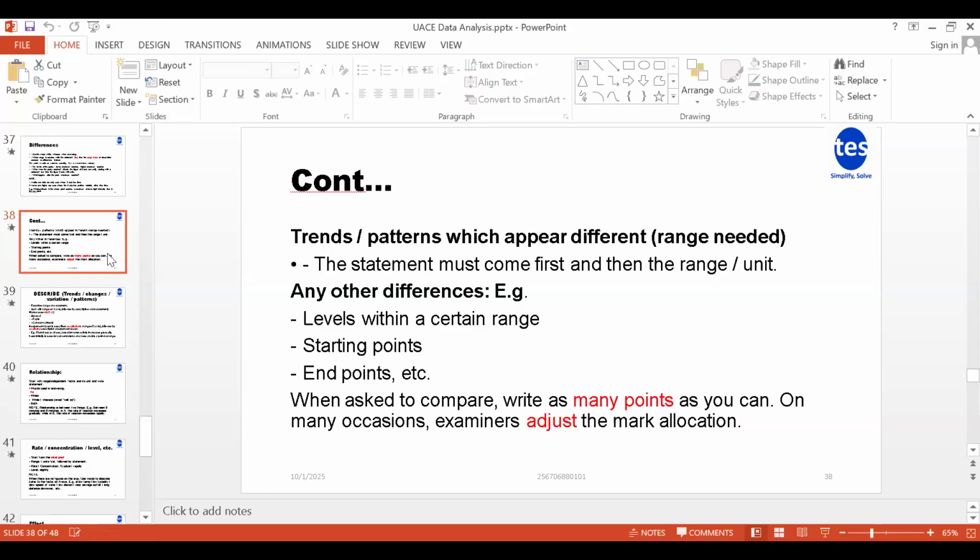For example, at our initial point, we can say maybe the amount of glucose was higher than the amount of something of that kind.